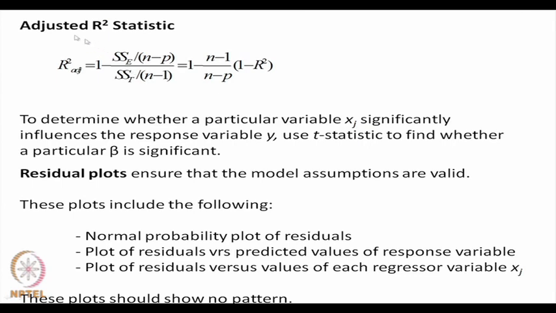Normally, we go for an adjusted R square statistic, because sometimes we are not very sure which independent variables influence the value of y. The choice of independent variables is sometimes quite challenging. One may take a large number of variables to explain y.